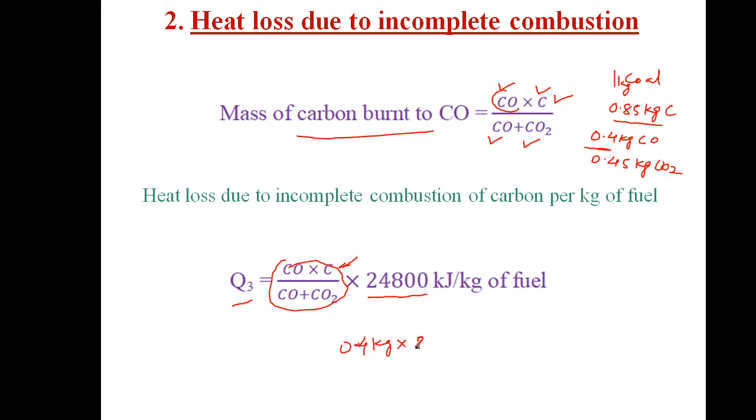Therefore 0.4 into 24,800 kilojoules per kg of energy is lost. The kg cancels, so 0.4 into 24,800 gives so many kilojoules of energy lost due to incomplete combustion of fuel. This 0.4 is just an example. Don't take it for granted that it will always be 0.4; it will change, and we have to calculate it using this formula.